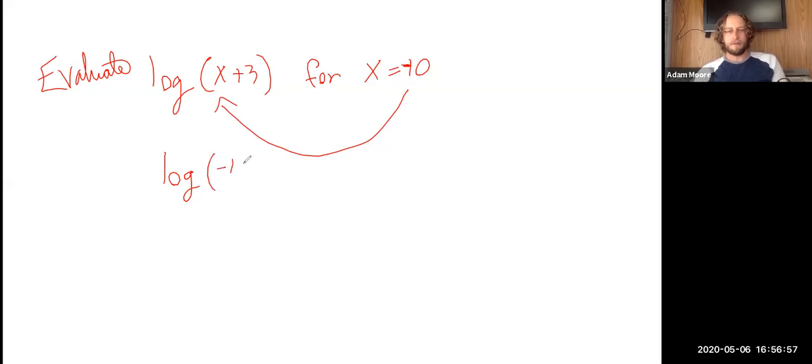Log of negative 10 plus 3, negative 7. That's log of negative 7, and we cannot handle logs of negatives. It won't go. Shall not pass. That's bad. We can't take the log of a negative. So watch out for that.